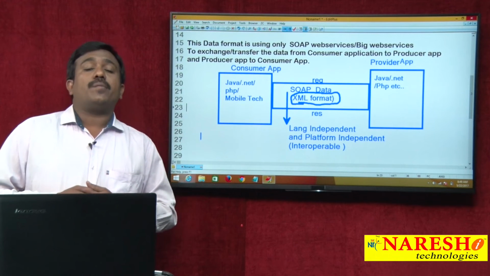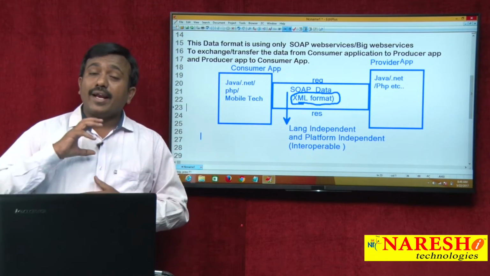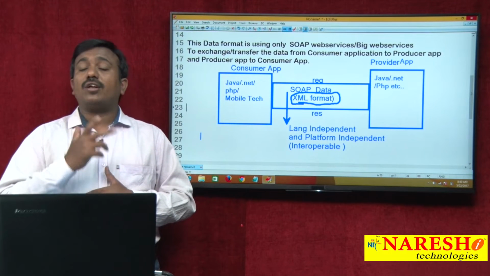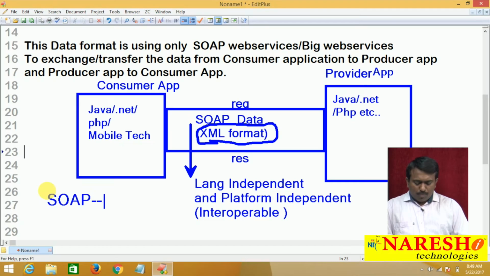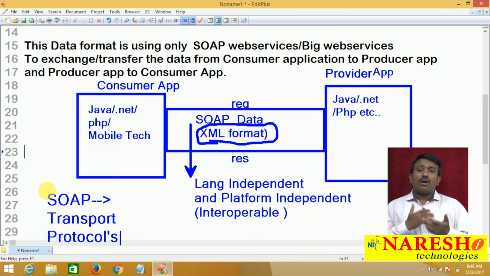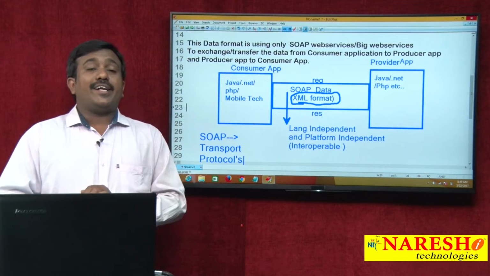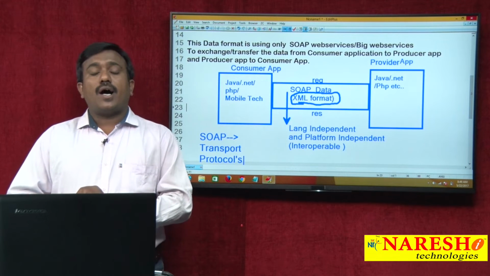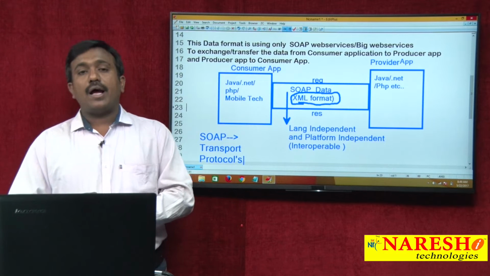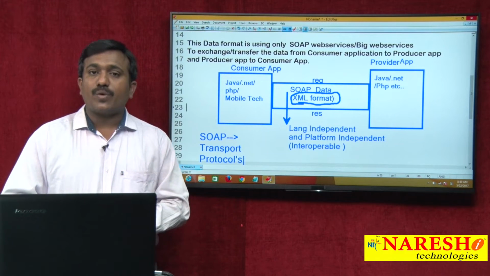Now try to understand the advantages of SOAP. SOAP is interoperable. SOAP is understood by any language application or any technology application. This is one major advantage of SOAP. SOAP data format is compatible with all transport protocols, like HTTP, Hypertext Transfer Protocol, HTTPS, Hypertext Transfer Protocol Secure, and SMTP, that is Simple Mail Transfer Protocol.